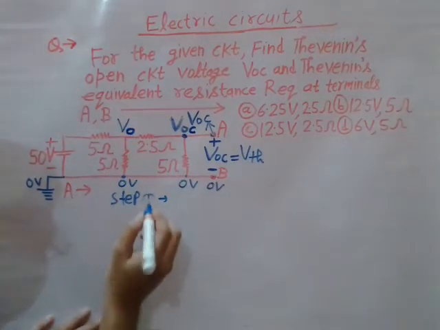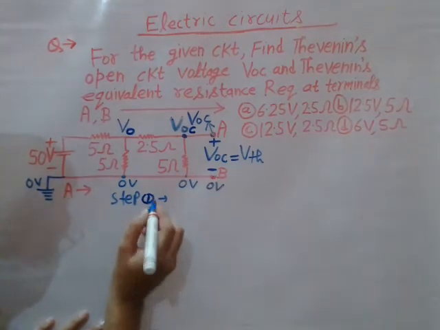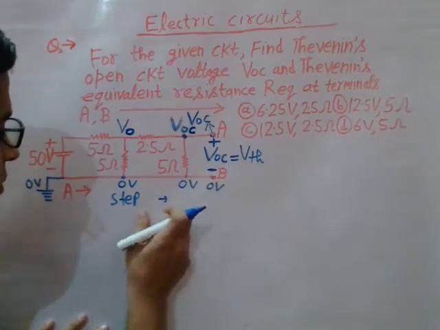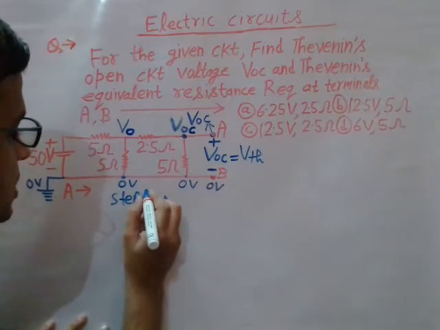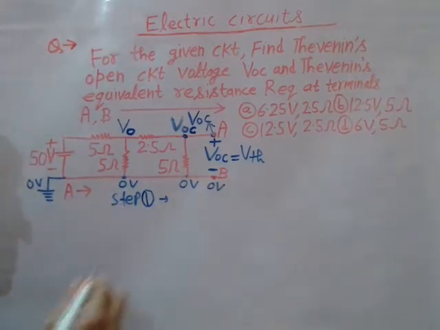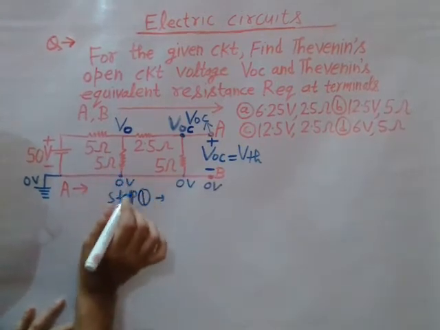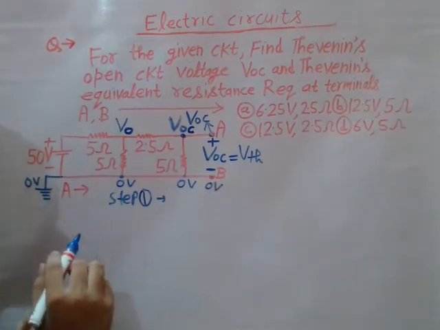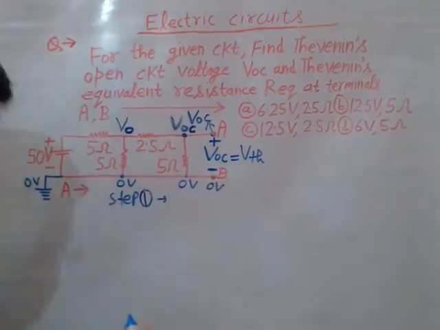So let us calculate in step number 1 the open circuit voltage, which is nothing but the Thevenin's voltage. You can choose either KVL or KCL, Kirchhoff's voltage law or Kirchhoff's current law, whichever is easier.